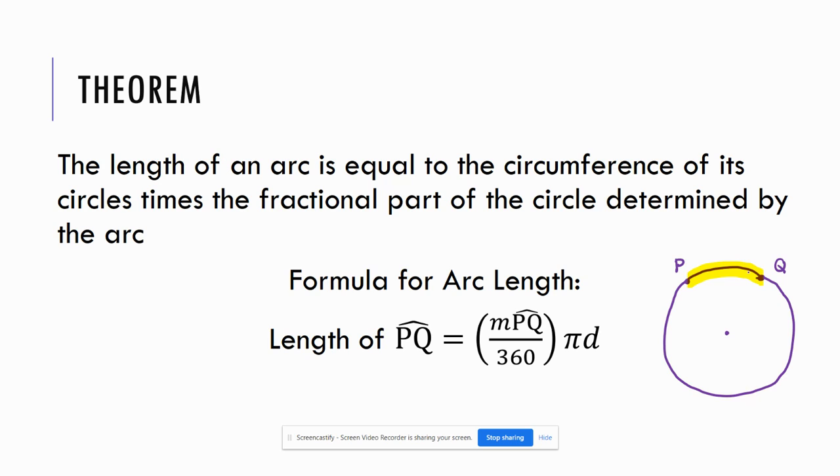Remember, we measure arcs with degrees. So as long as I know what the degree measure is, I'm going to put it over 360. Well, where did 360 come from? Remember, there's 360 degrees in a circle. So by dividing those degrees, it gets us the fractional piece of the whole entire circle. Notice how pi times diameter, well, that is circumference. So once again, it's a fractional part of the circumference, and that's going to get us the length of the arc.